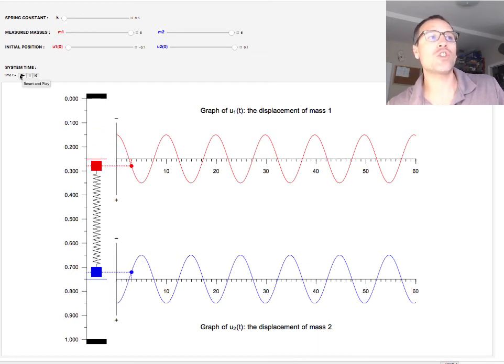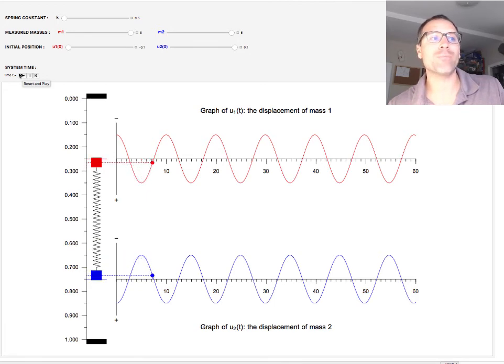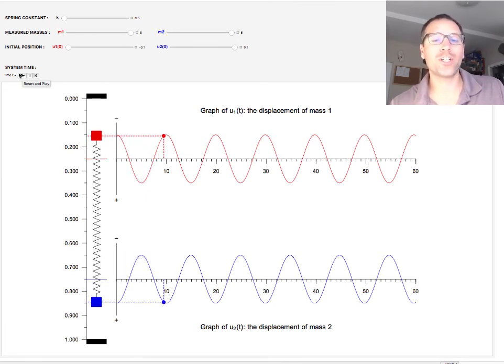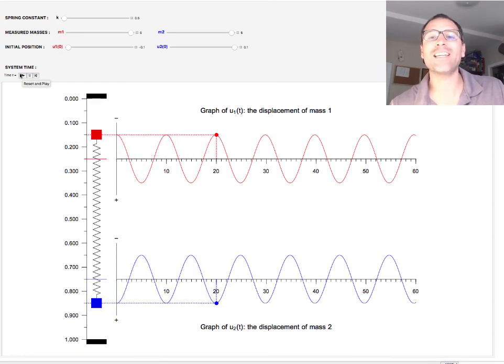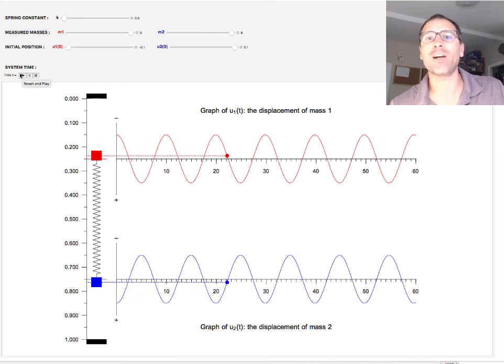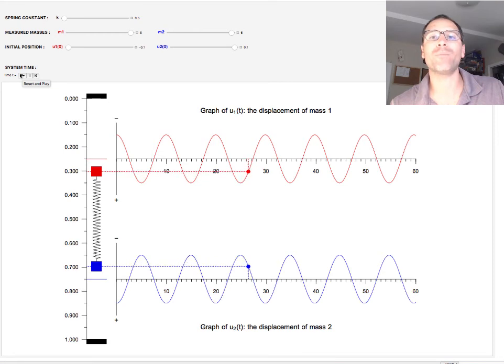They move towards each other and away from each other. This is called the second natural frequency, or the second mode of this system. It is also directly connected to the second eigenvalue and eigenvector pair of the associated matrix model.